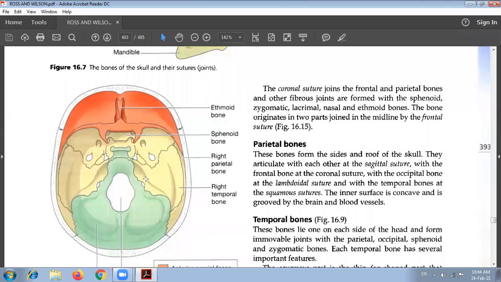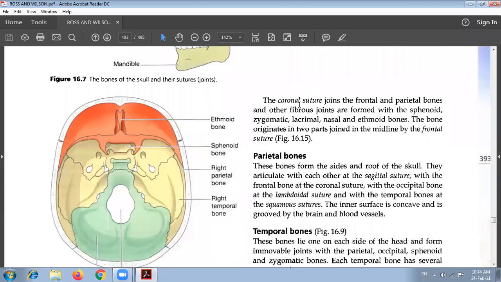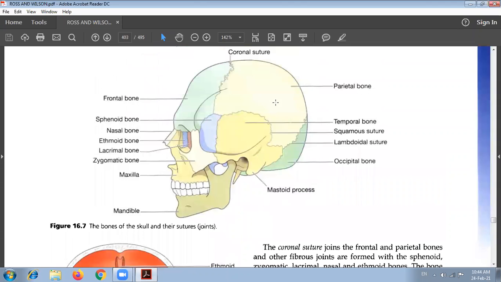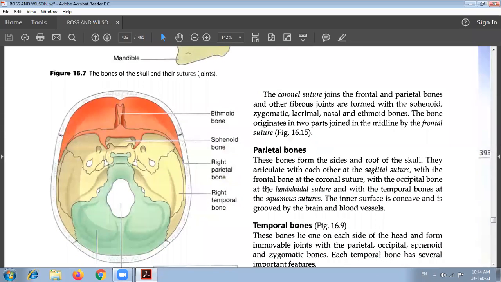The next thing: here you can see the inner structure of our skull. The parietal bones form the sides and roof of the skull, which is joined by the lambdoidal suture with the temporal bones and the squamous sutures.